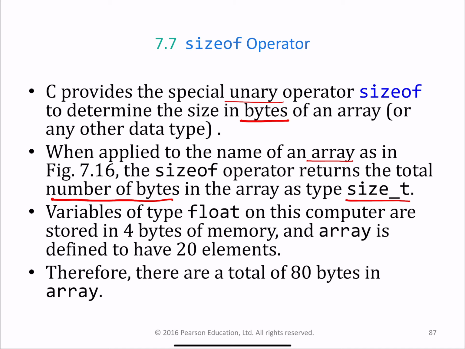Now, in a system in which a floating point number takes up 4 bytes of memory, and say we have 20 elements of an array, the size of that array that will be returned by this operator should be 80 bytes.